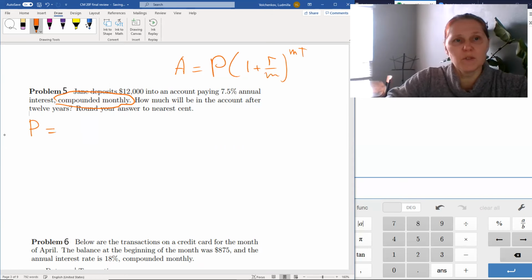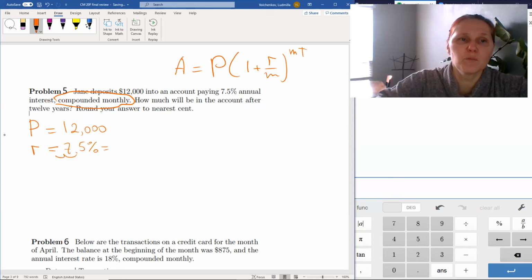P principal is 12,000. Annual interest rate is 7.5%. Oh, we need it in decimal form, so we move decimal point 2 places to the left, 0.075.